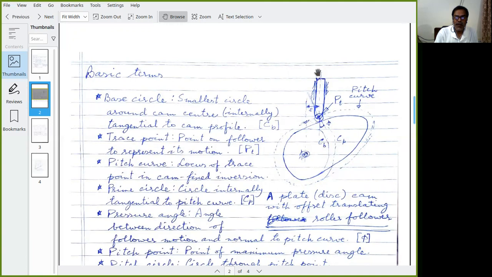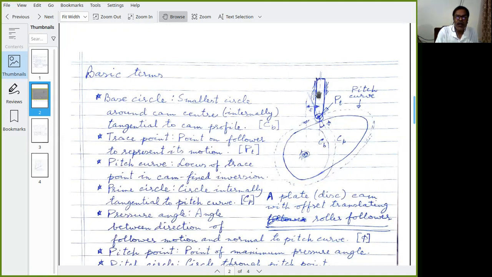Here this is the follower, this is the cam, and this solid line shows you the actual cam body, and perpendicular to this slide is the direction of the cam thickness. Basically for strength purposes.